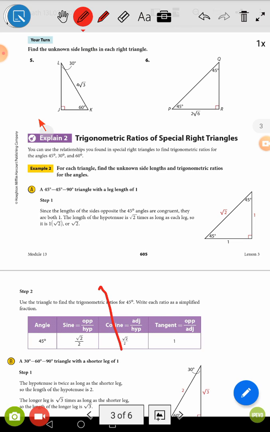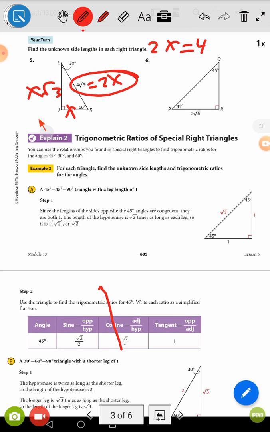Again, that is x, that is 2x, and that is x root 3. From here I can find the value of x. I will write 2x equals 4 root 3. Divided by 2, so x equals 2 root 3.